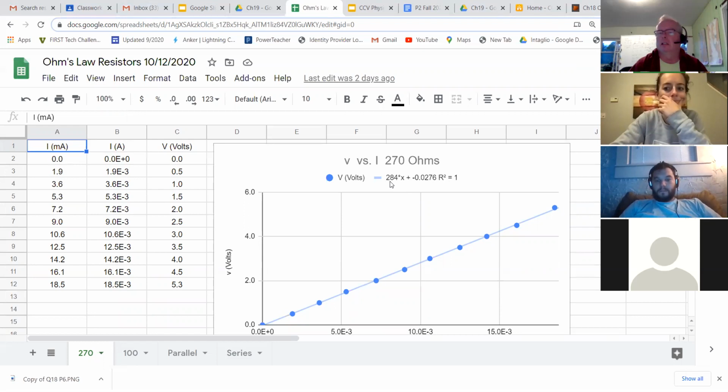The slope I get is 284 ohms. So that is actually the real resistance of that resistor. It's labeled as 270, but that's plus or minus 10%, so plus or minus 27, and this definitely fits that. It's 14 ohms over. I'm just going to jot that down. So 284. Let's call that R1.